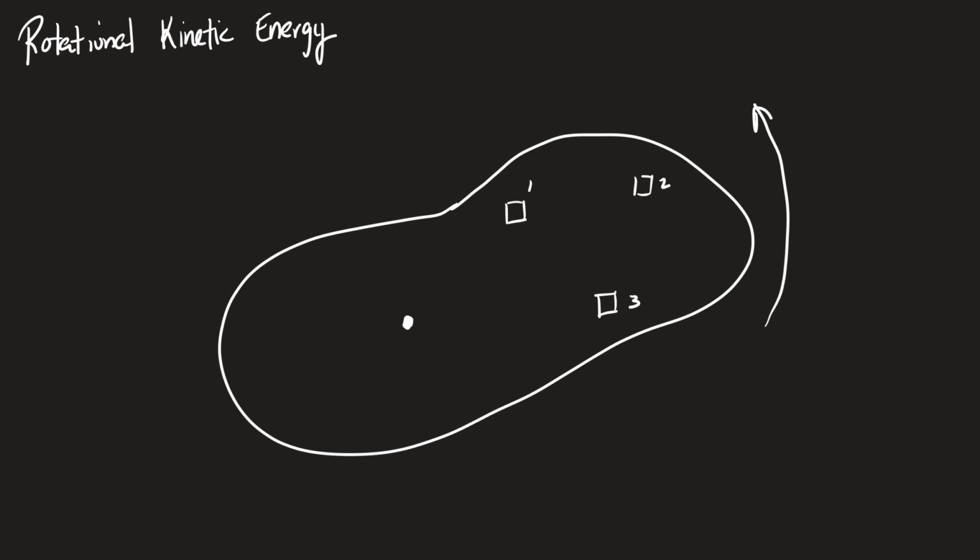Right? If the whole thing is spinning with speed omega about this pivot point, then piece 1, which is a distance r1 from the pivot point, has to be moving with a velocity v1.